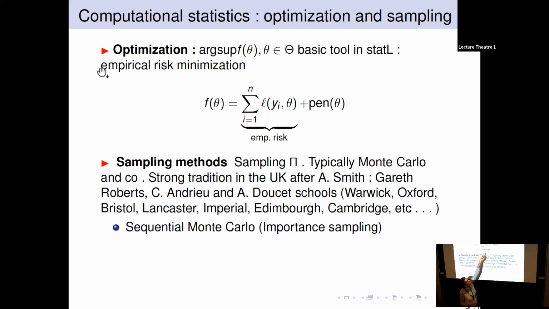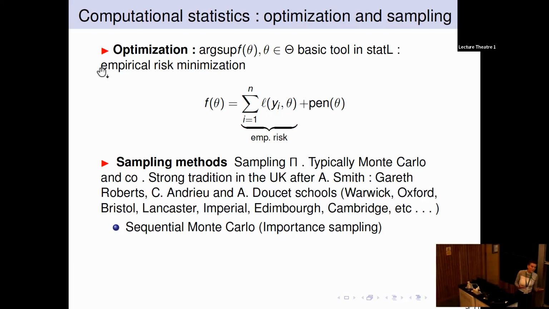And it's empirical risk because this sum here corresponds to the expectation with respect to the empirical measure, which is the sum over the point masses on the observations. And typically, because you're working in high dimensional setups, you add some penalty, which can be whatever it is. It's a penalty in terms of how complex the parameter is, smoothness, sparsity, and so on.